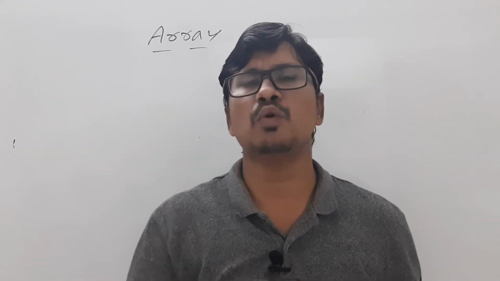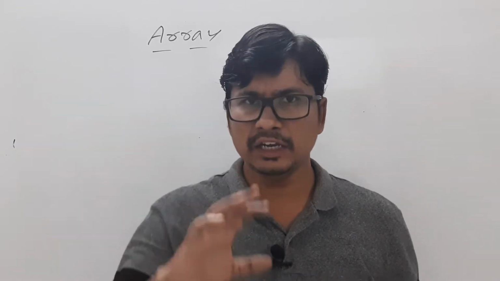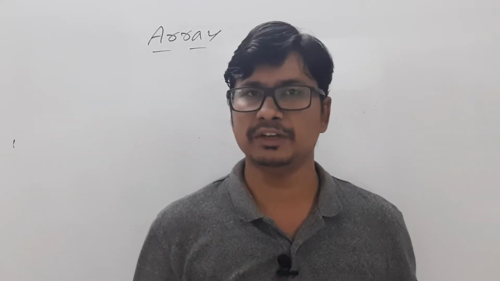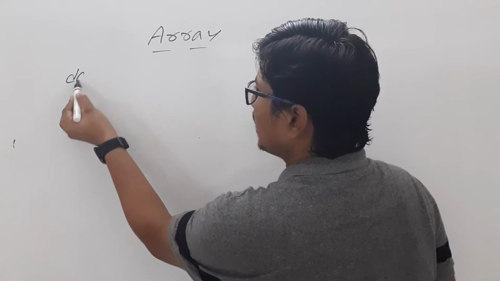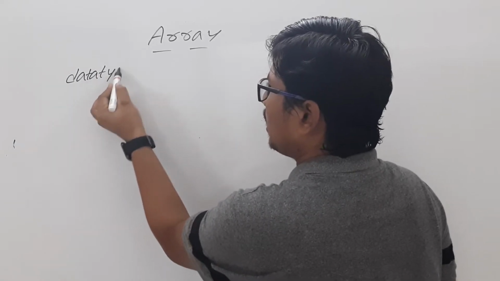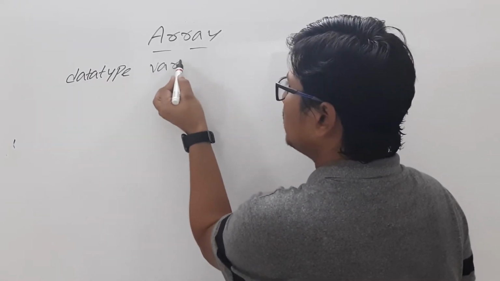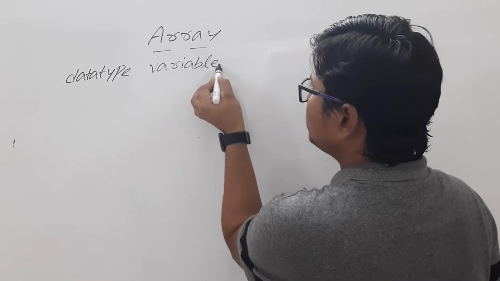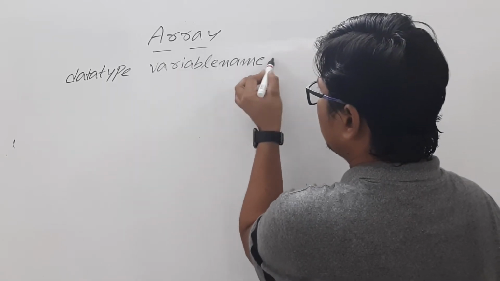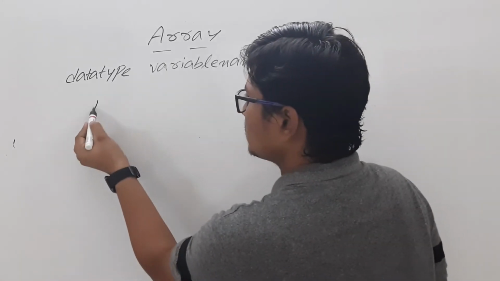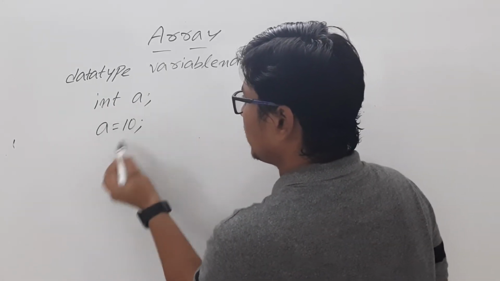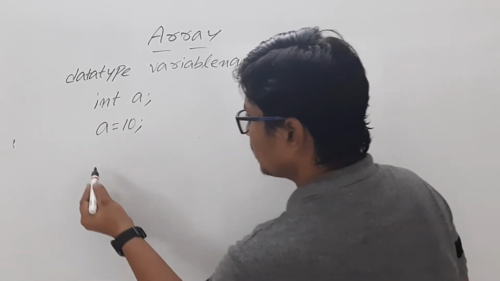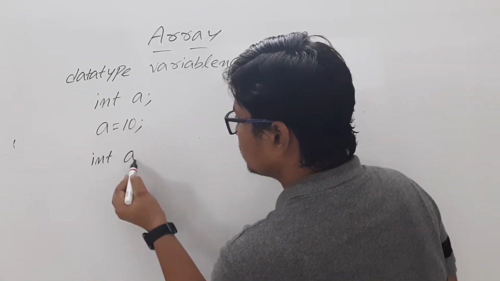First, let me discuss what is the need for an array. Till now, we have discussed variables. How to declare a variable? We will write the data type and then the variable name. For example, you can write int a and then a is equal to 10, or you can simply write int a is equal to 10.